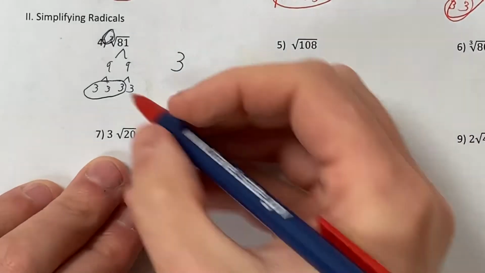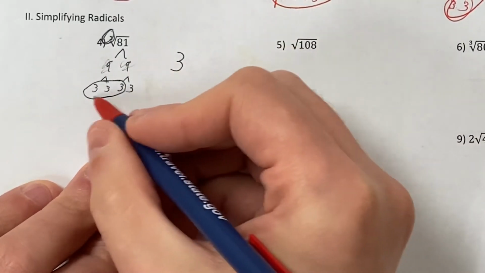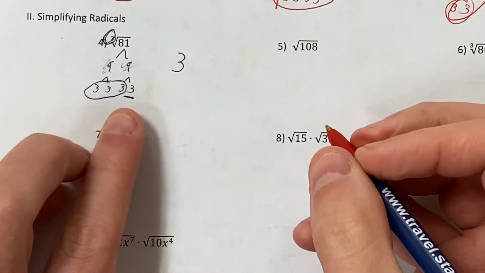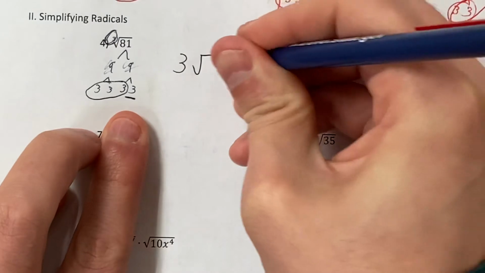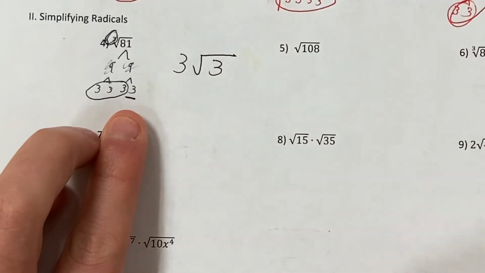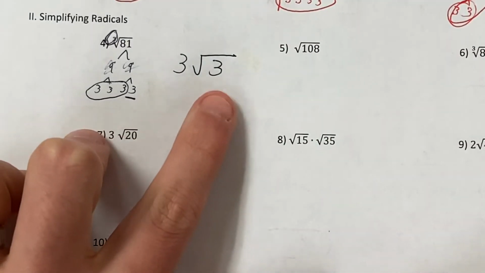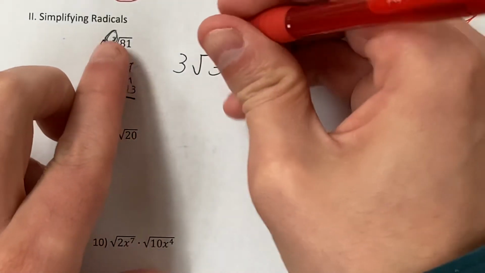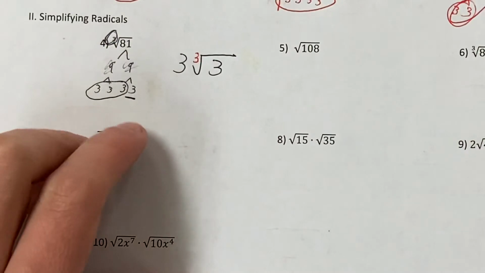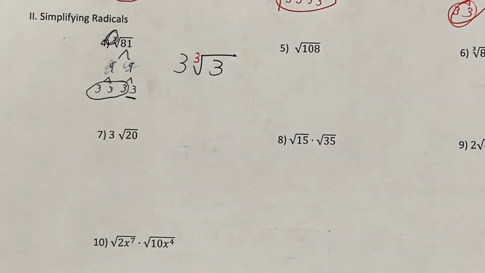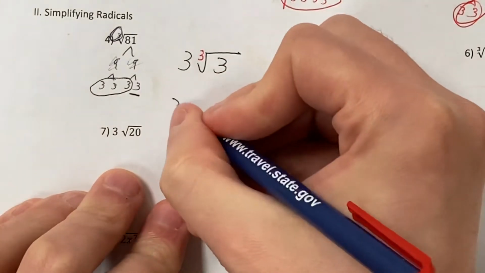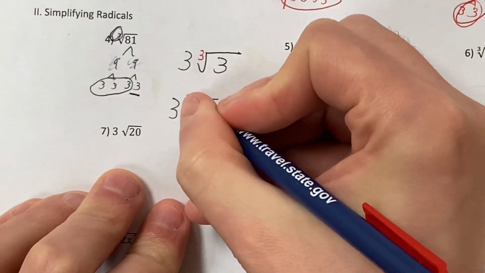But unfortunately, once we do these 3s, there's still a leftover 3. Because there is a leftover 3, we're going to have to stay underneath the radical. Any leftovers stay under the radical. Just don't forget that this was a third root, so you do have to put the little tiny 3 like that. So the final answer would be 3 times the cube root of 3.